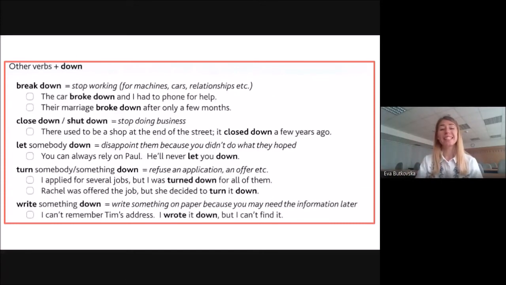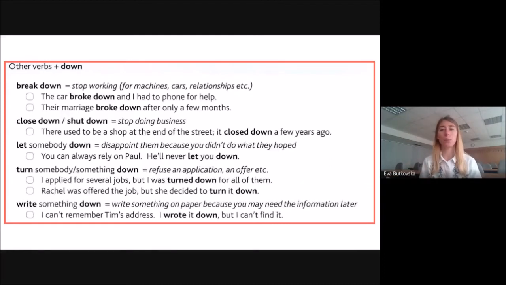Next one is turn somebody or something down. We said turn down music already, and we talk about refusing. Refuse an application or offer. So if you study the examples, I applied for several jobs, but I was turned down for all of them. I was refused.